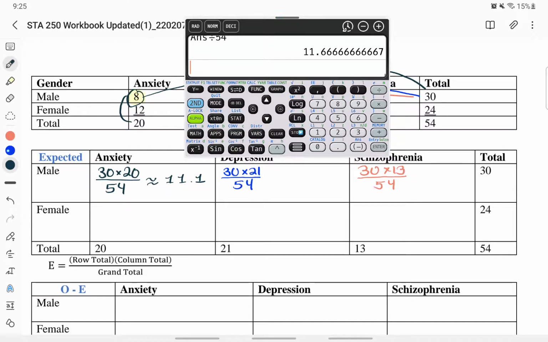Let's take this to be 11.7. And then for the last one, 30 times 13 divided by 54. Let's get that to be 7.2.